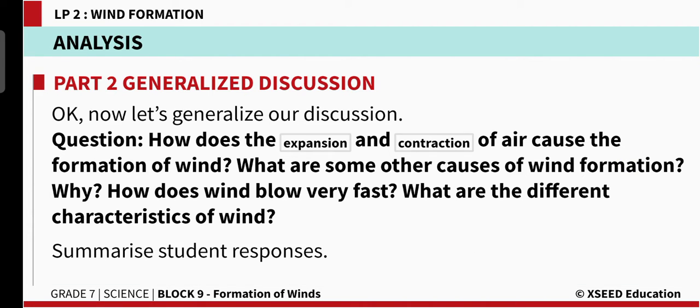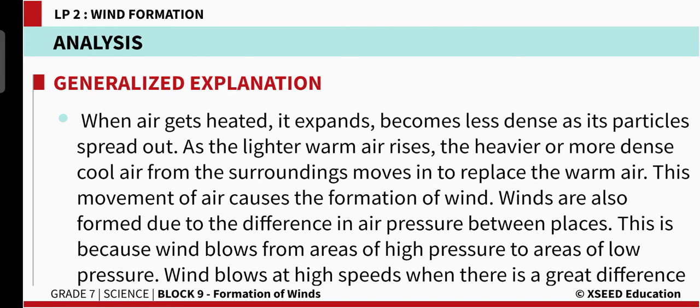So, students, how does the expansion and contraction of air cause the formation of the wind? What are some other causes of wind formation and why? How does the wind blow very fast? What are the different characteristics of wind? When the air gets heated, it expands and becomes less dense as its particles spread out.